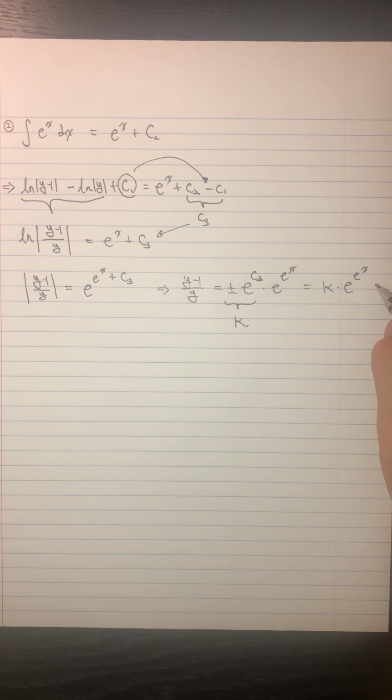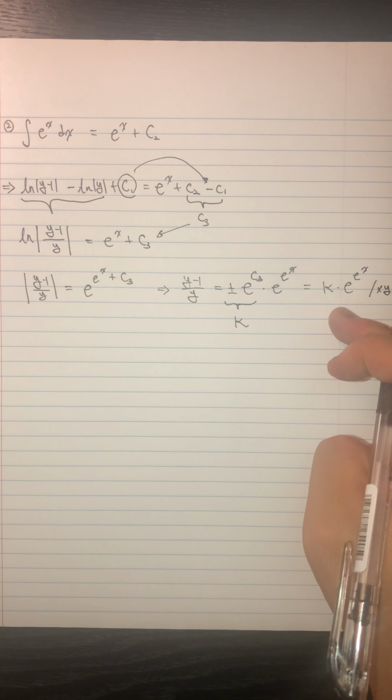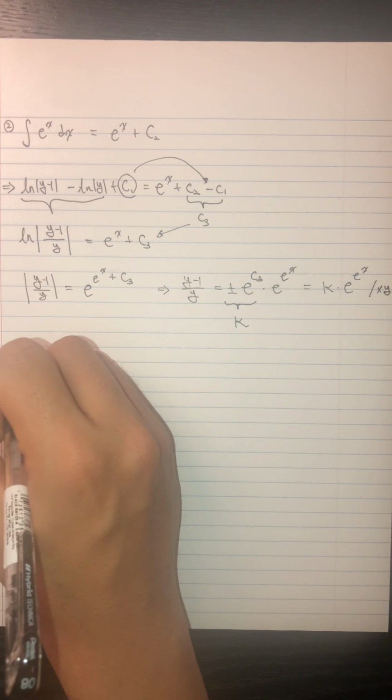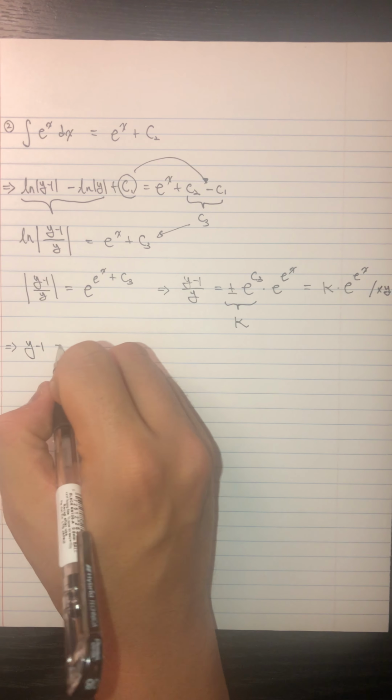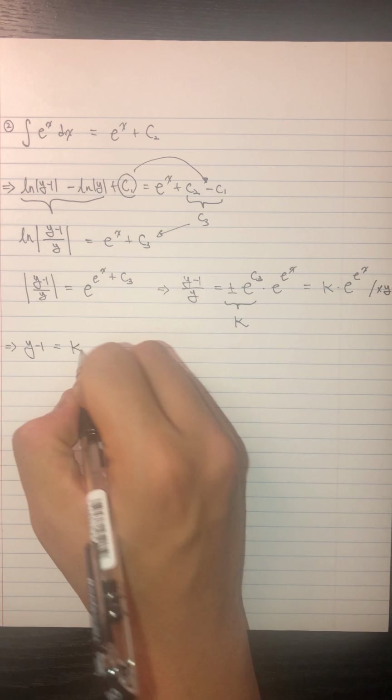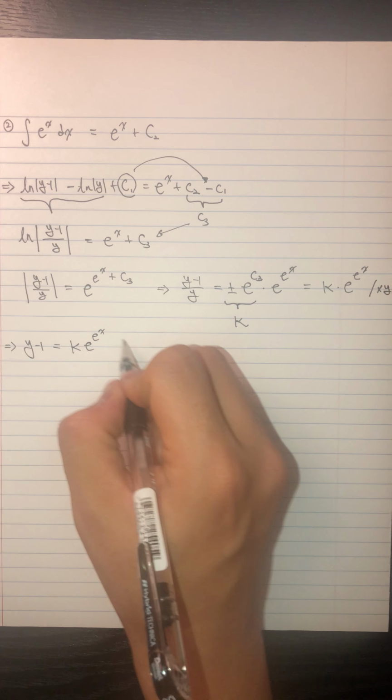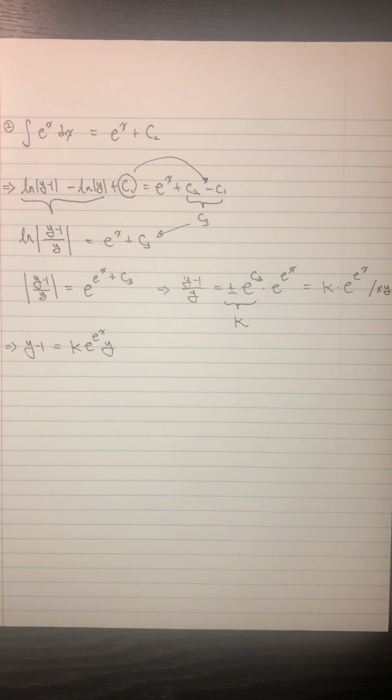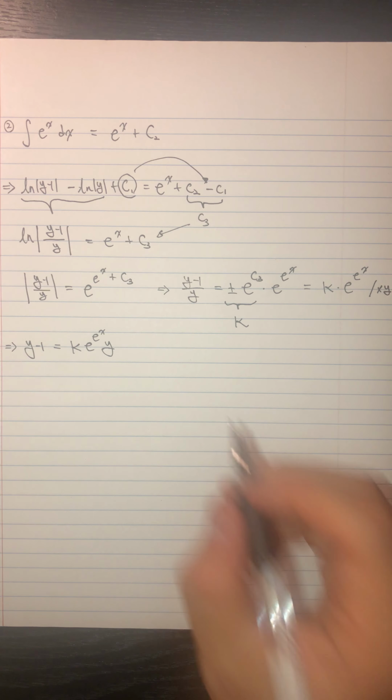Now we can multiply y to the whole equation. So y minus 1 equal to k exponential x times y.